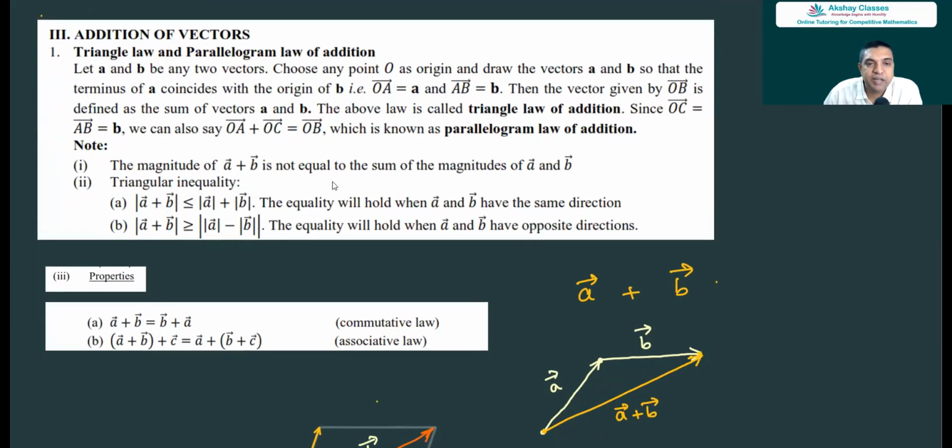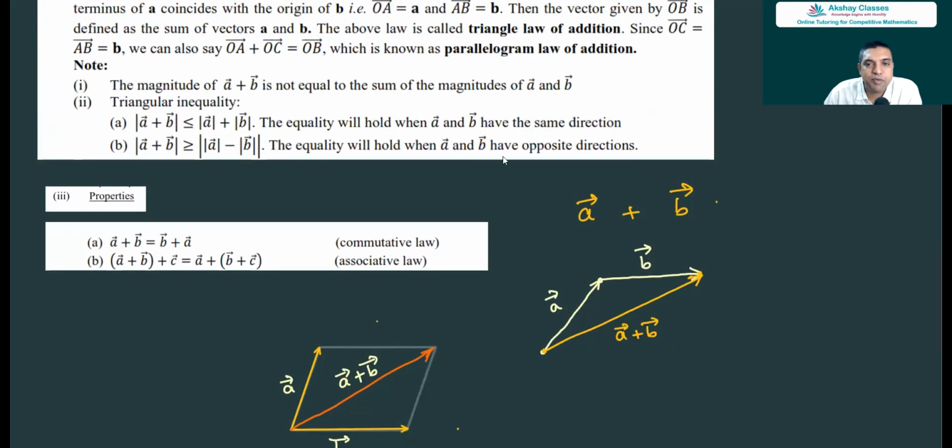Now the magnitude of A plus B is not equal to the sum of the magnitudes because of the triangular inequality. The sum of two sides of a triangle is always greater than the third side. So A plus B is the third side. When you take the modulus, it gives the length.